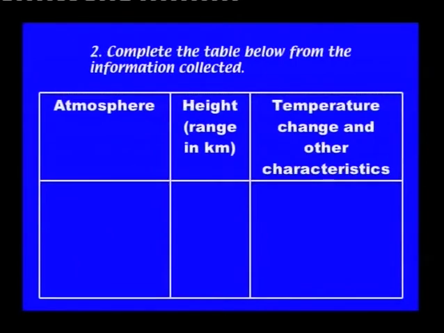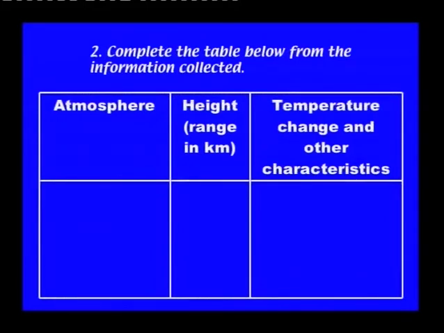The instruction is for you to discuss and complete the table from the information you have collected, on the different characteristics or features of the 3 main zones of the atmosphere.